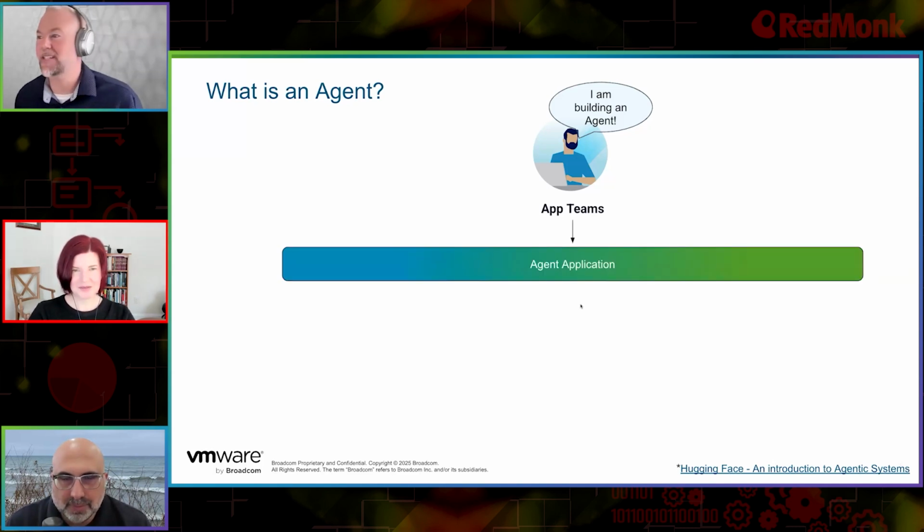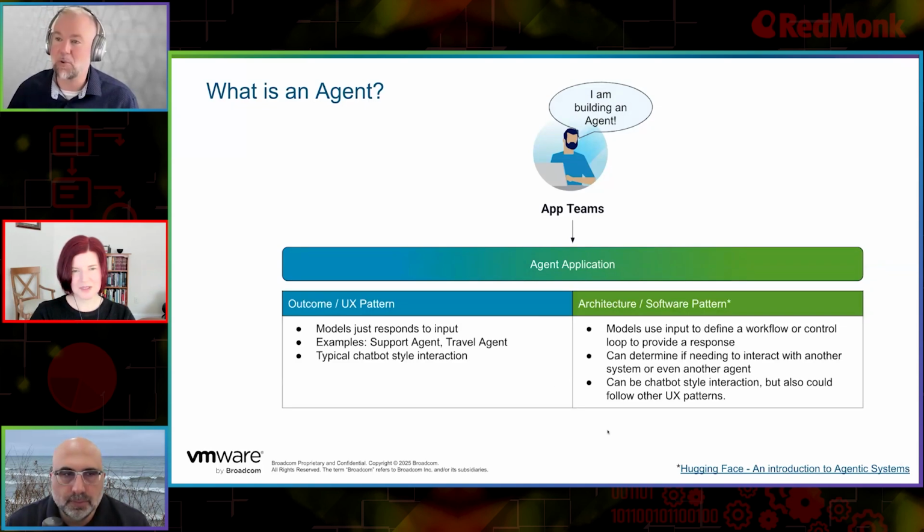When we talk about an agentic application, there's really this broad spectrum of what it actually means. When they surveyed those 1,000 developers, most of them were probably talking about the blue side, which is an outcome, a UX pattern. It's the simplest, easiest thing to implement, and so everyone's getting started there. But on the other side of the spectrum, the green side, this is really an architecture or software pattern.